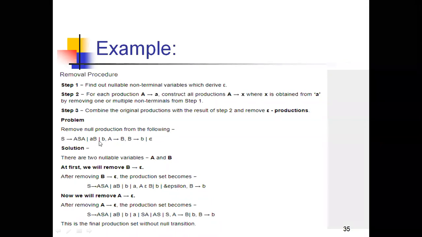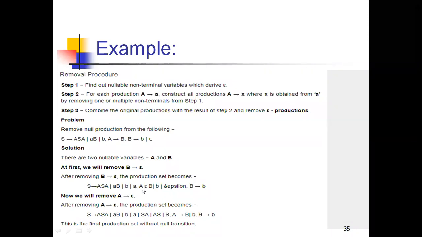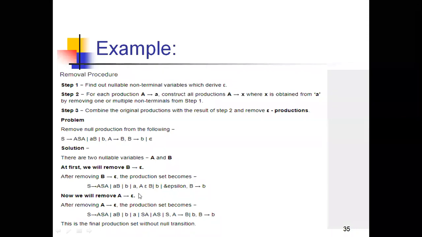In the place of this B I substitute epsilon, then I derived A. So I am taking another rule, A, for this S, right? So A tends to epsilon, B tends to B. And up to now we removed only the B tends to epsilon.